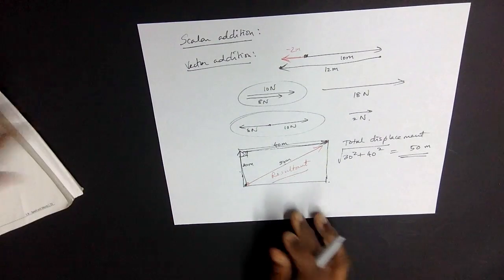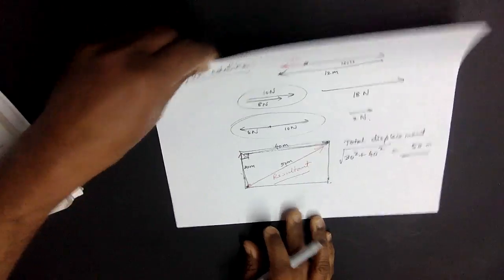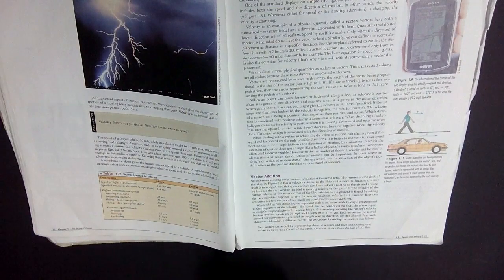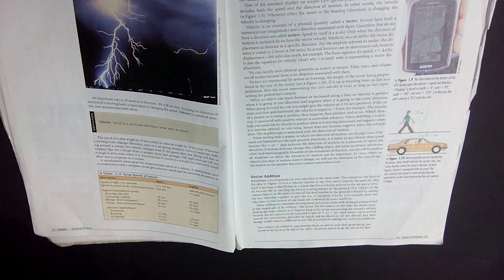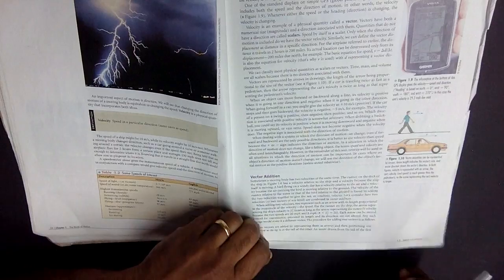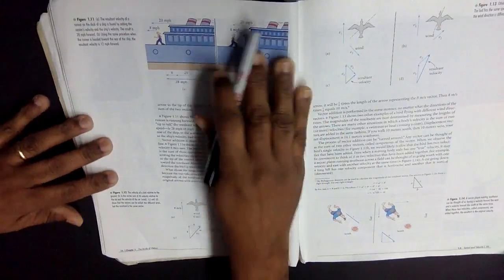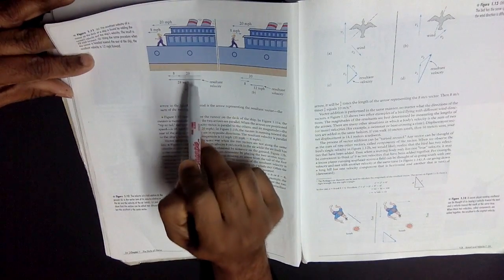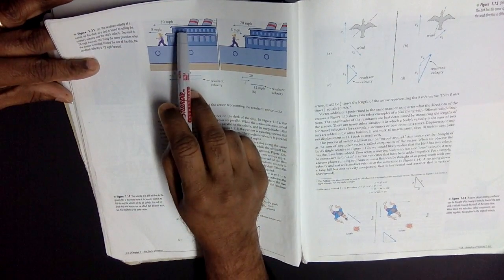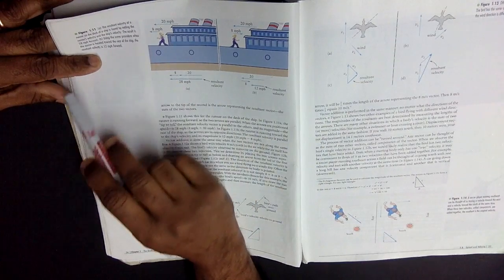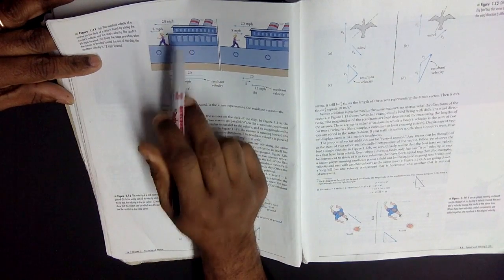So this gets you some ideas about vector addition. Now let's go back to the textbook again on vector addition. Here it is. It tells you how vectors are added together. On the next page, you can see the ship is moving at 20 miles per hour, and this girl is running at 8 miles per hour on the ship.